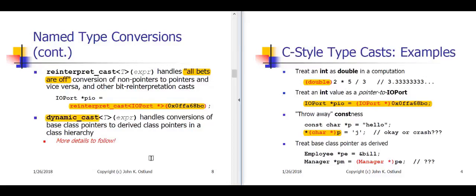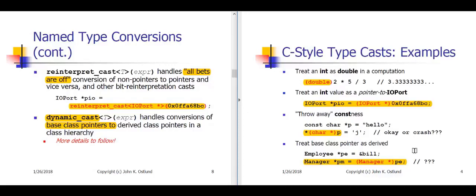Dynamic cast handles conversions of base class pointers to derived class pointers. That is, dynamic cast allows us to do the kind of thing we did here on the bottom of slide 4, take a base class pointer and convert that into a derived class pointer. But dynamic cast will only do that if the base class pointer really is pointing at a derived class object.